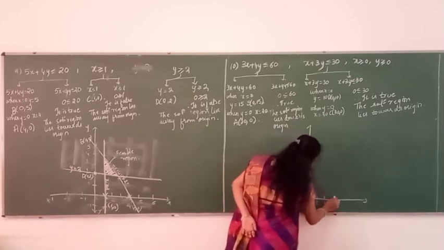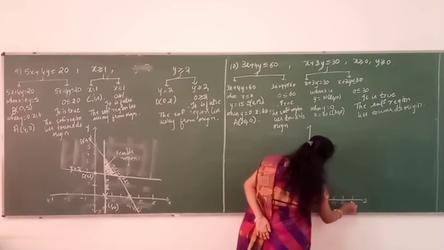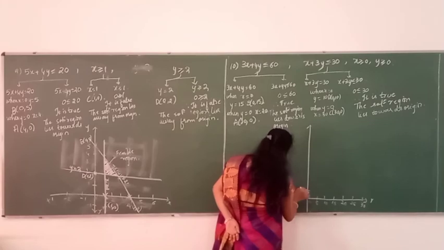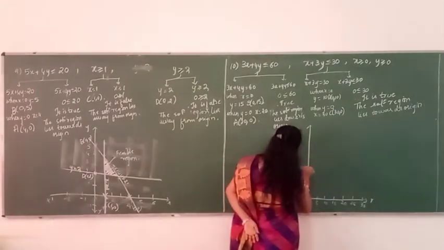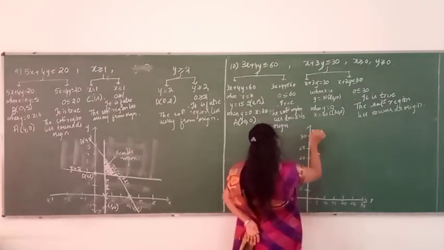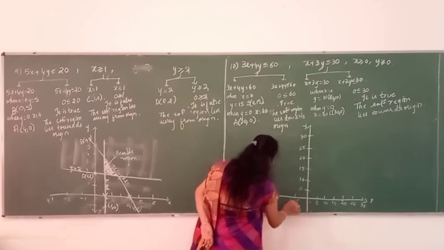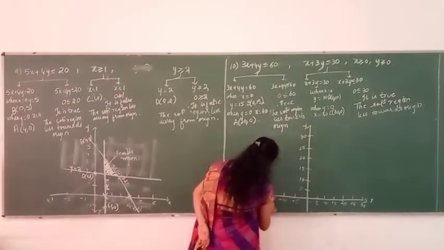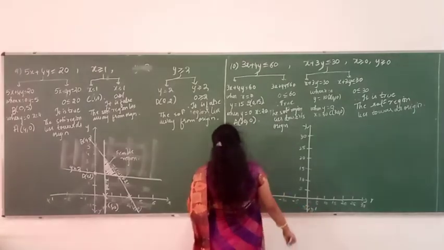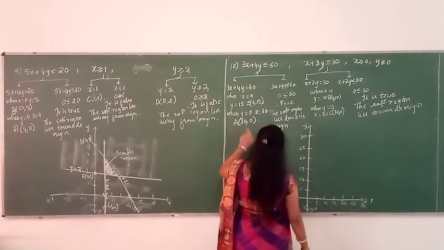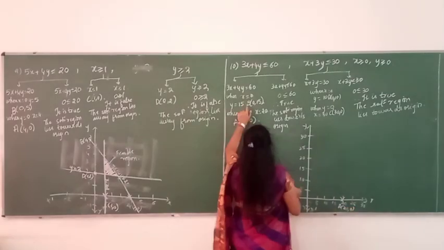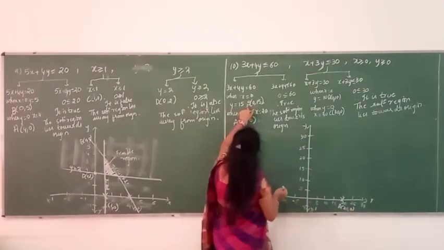5, 10, 15, 20, 25, 30, which is your x-axis. 5, 10, 15, 20, 25, 30, which is your y-axis. Minus 5, minus 10, which is your x dash. Minus 5, which is your y dash. A is what? 20 comma 0. And your B coordinate is nothing but 0 comma 15.